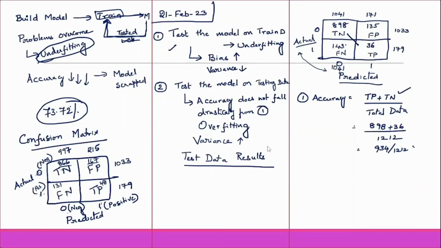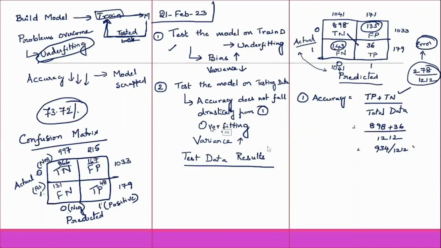The remaining 143 plus 135, that is 278 out of the 1212, is the error in prediction. So this model has not been able to predict with more than 77% accuracy.